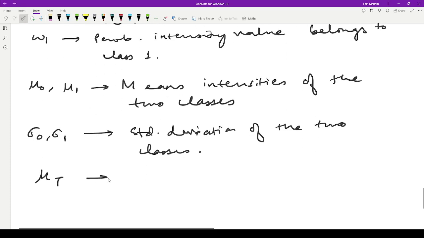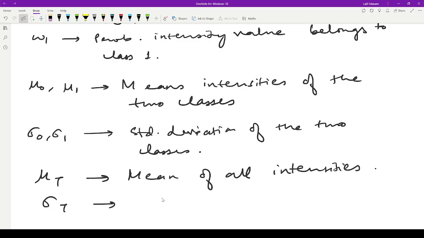So mu t refers to the mean of all intensities, independent of any class, and sigma t is the standard deviation of all the intensities.